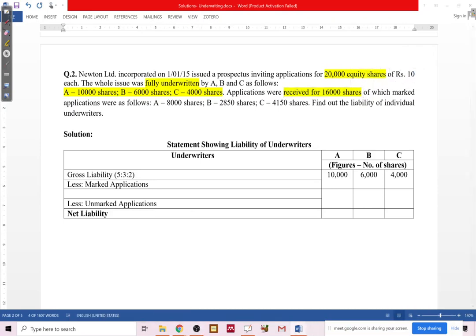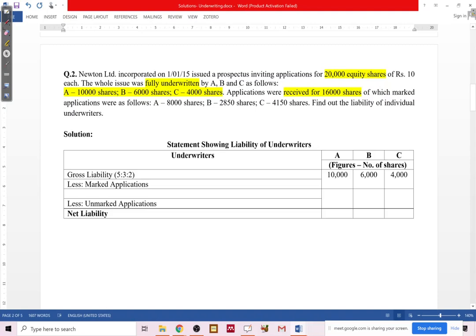A few people did not apply for the shares of your company. So there is an unsubscribed portion, and that will be taken finally by the underwriters.